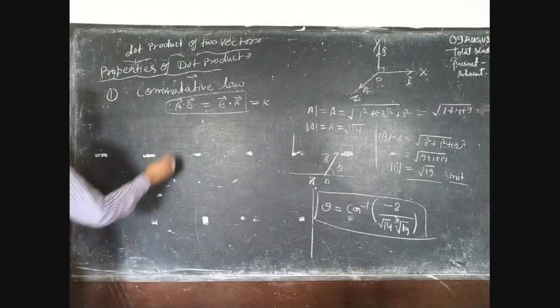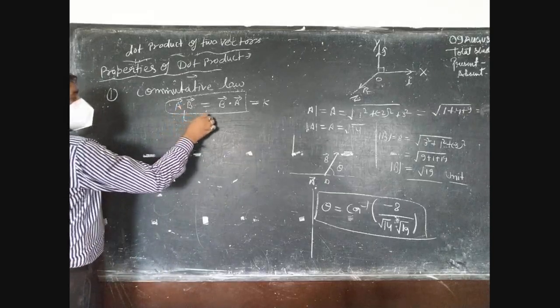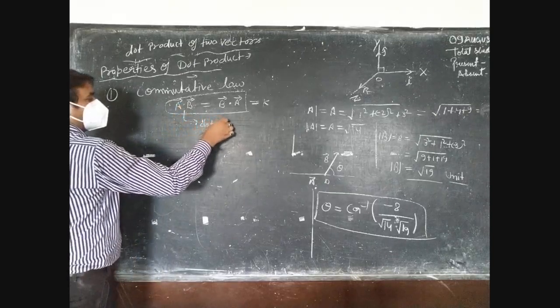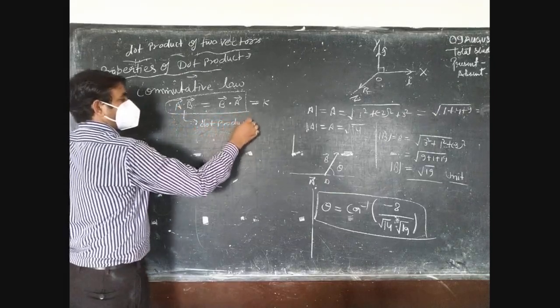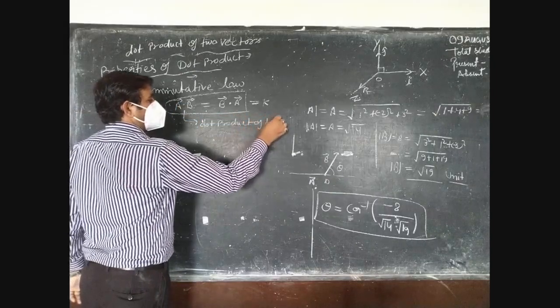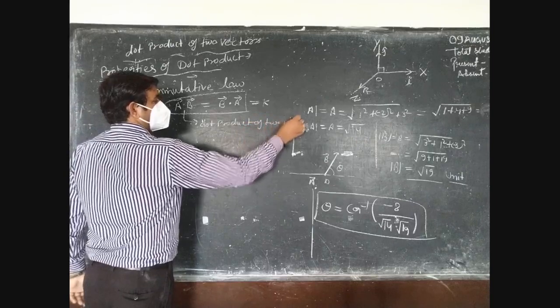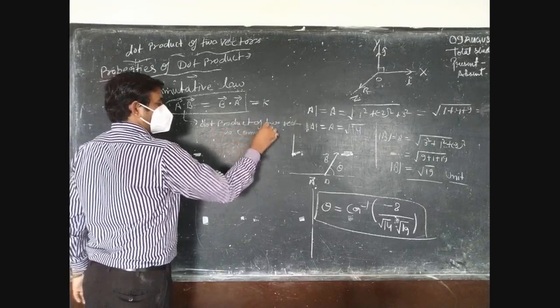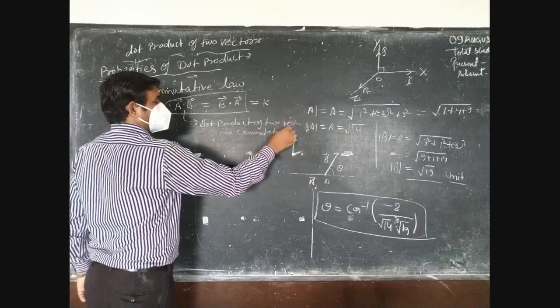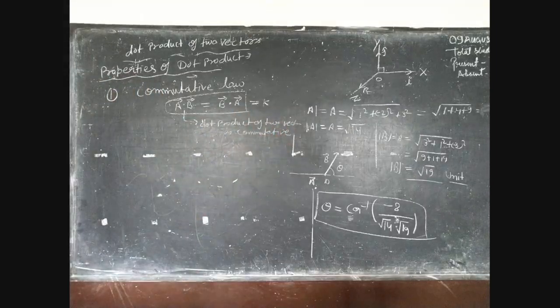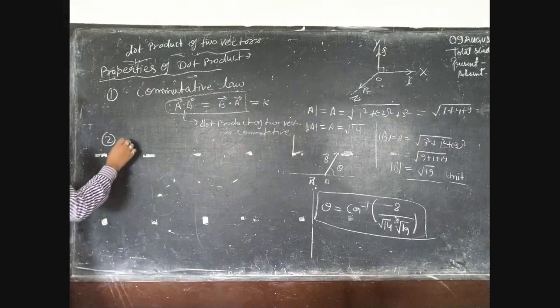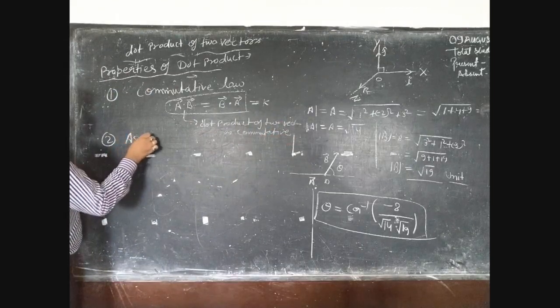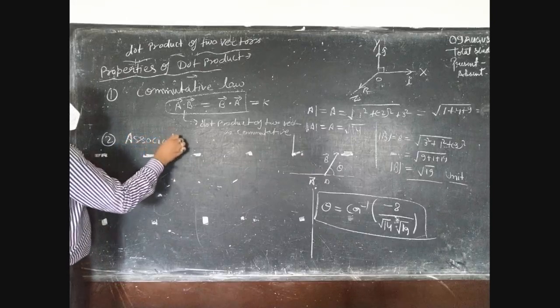The dot product of two vectors is always commutative. Okay, and second, the associative law.